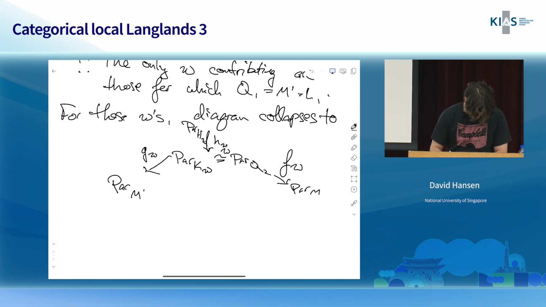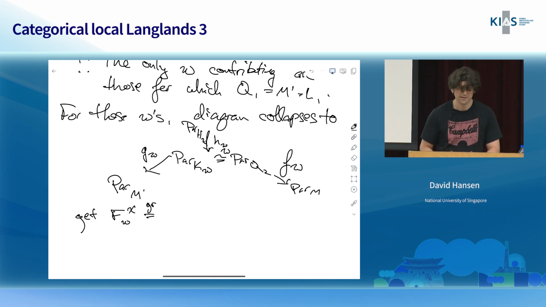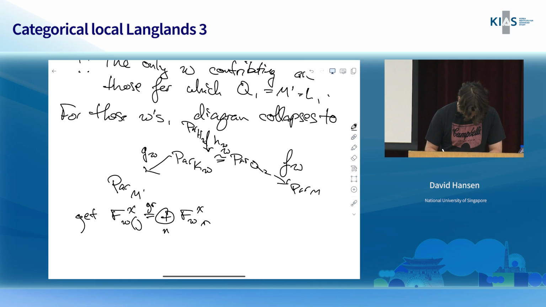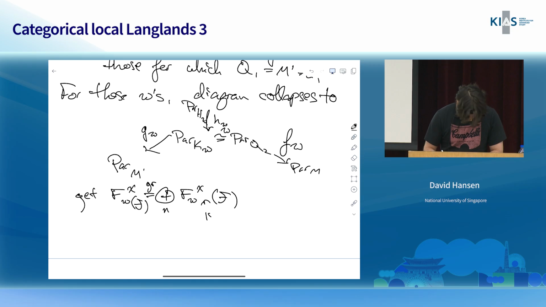So from yesterday, you get this FW chi, again up to grading. I hope this notation is okay now. It'll be this big direct sum over N, FW chi N. And what is this piece going to be of F? And this will be FW lower shriek of, let me just write some things and then I'll say some comforting words.